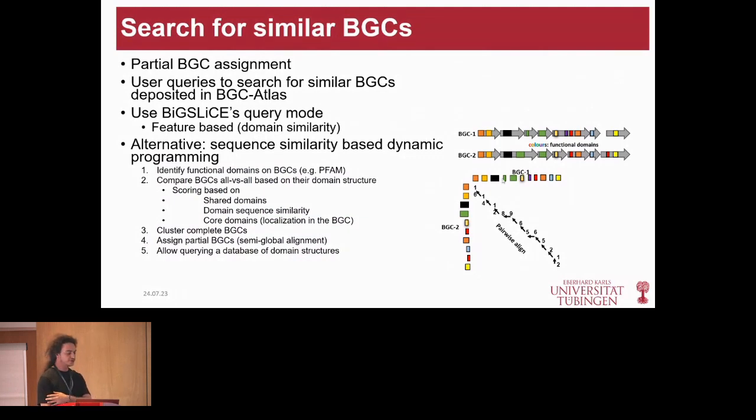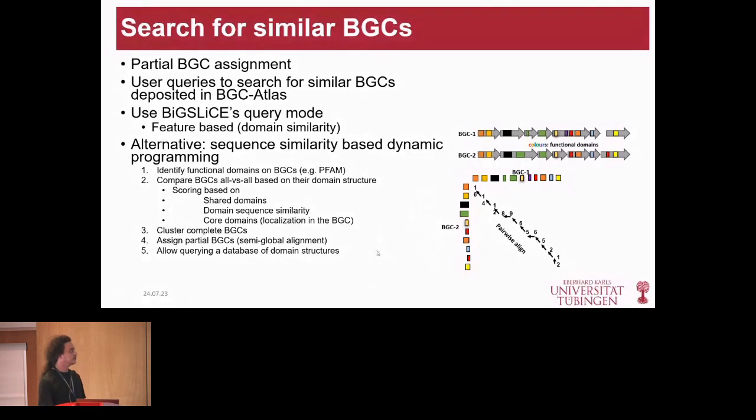One thing that we offer is the BiG-SLiCE query mode, a feature-based algorithm based on domain similarity of the sequences, but we're also developing an alternative method to identify gene clusters that are partial or submitted by users to be queried in our database, based on the domain similarity of the gene cluster families.